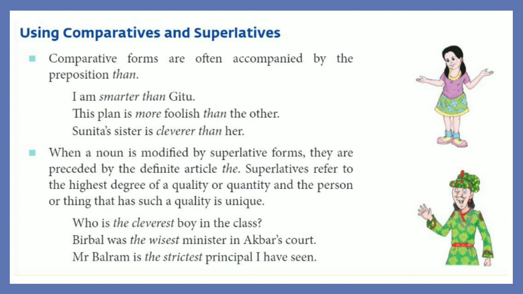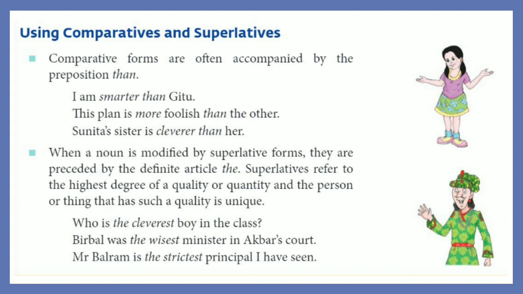Number 1. Who is the cleverest boy in the class? Cleverest is the superlative form of the word, and before it we have used the definite article the: the cleverest boy. Birbal was the wisest minister in Akbar's court.